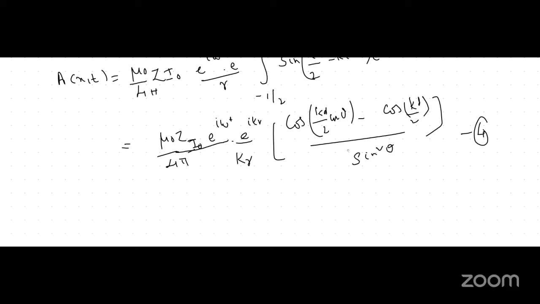Okay, so this is the A of x t value which we have derived. Then we have to find out the B value also.